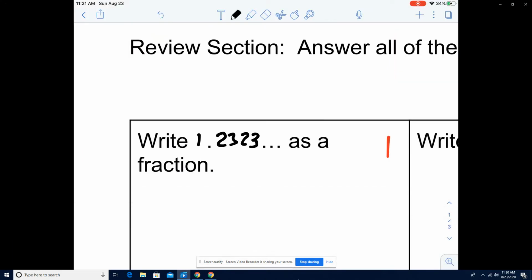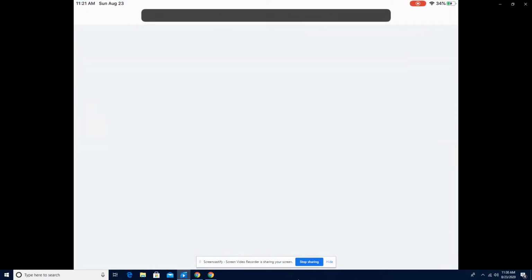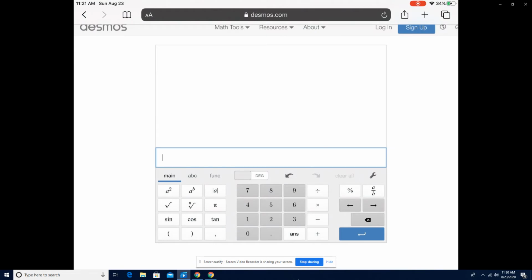Well, today the first type of problem we're going to take a look at is how to write a repeating decimal as a fraction. You'll notice that this has 1.2323 repeating. So the 1 is just going to stay 1. The only thing that we really have to do is convert the 2323 repeating as a decimal. So you're going to go to your decimal calculator, you're going to type in 0.2323.